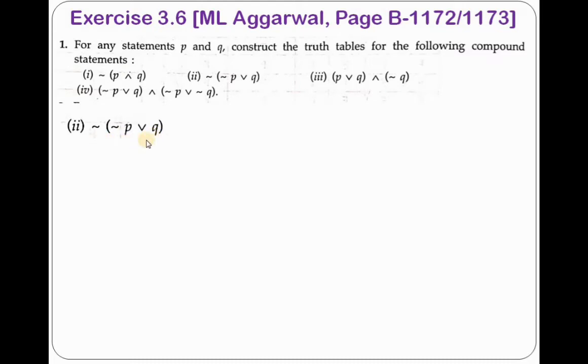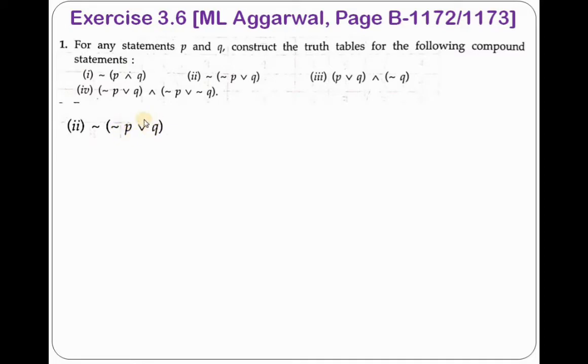Whenever you draw a truth table, you always need to look for the statements given to you. For example, here P and Q are the only two statements given to you. So in the first two columns you have to write P and Q. According to BODMAS rule, we need to solve whatever is given inside the bracket first.